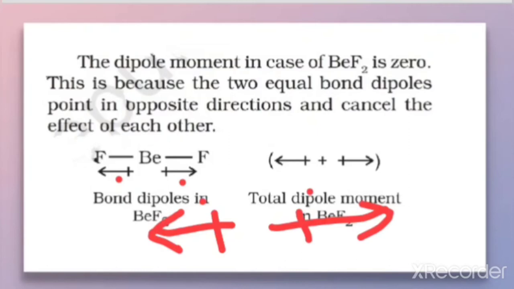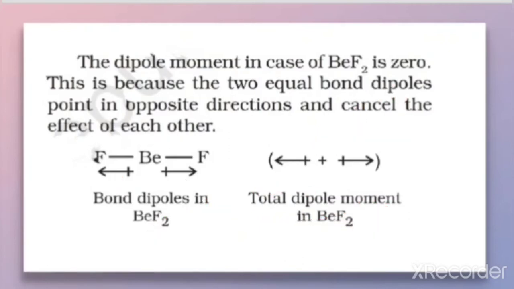Since the dipole moment of the molecule is the vector sum of these, it is a vector sum, so definitely the net dipole moment will be equal to 0. So we can say that in the case of BeF2, the dipole moment is equal to 0.